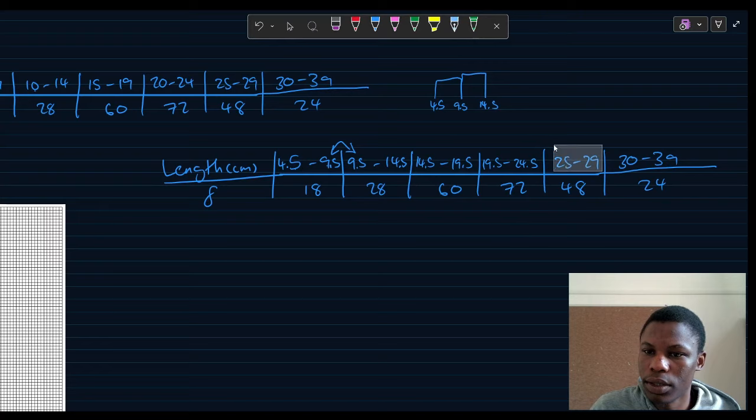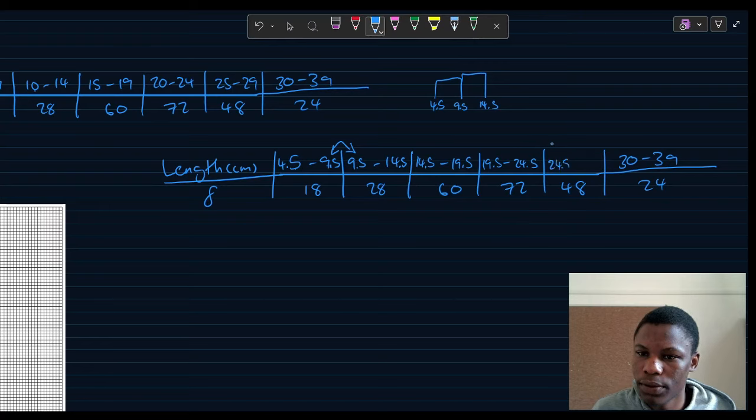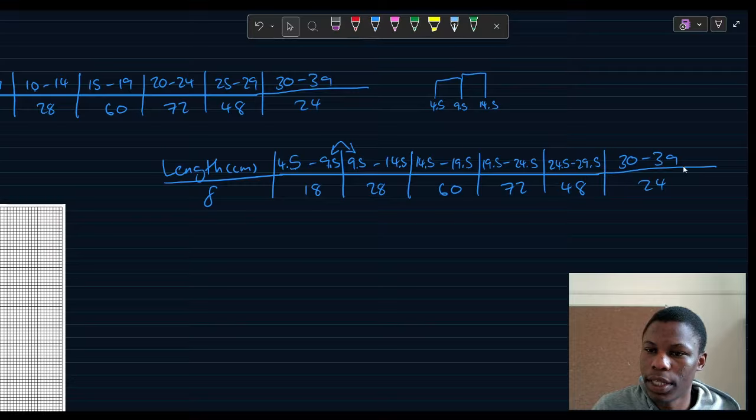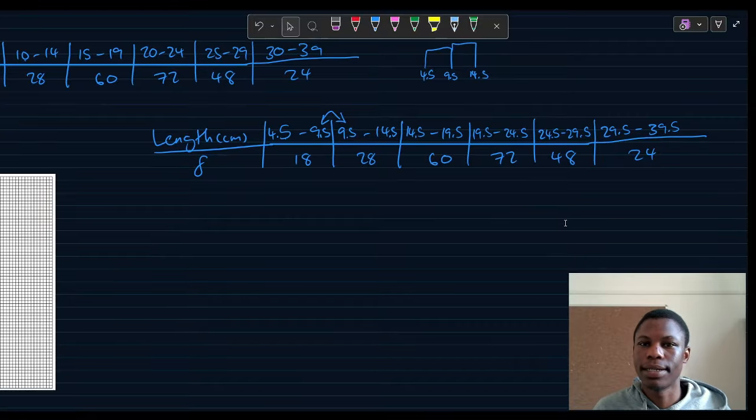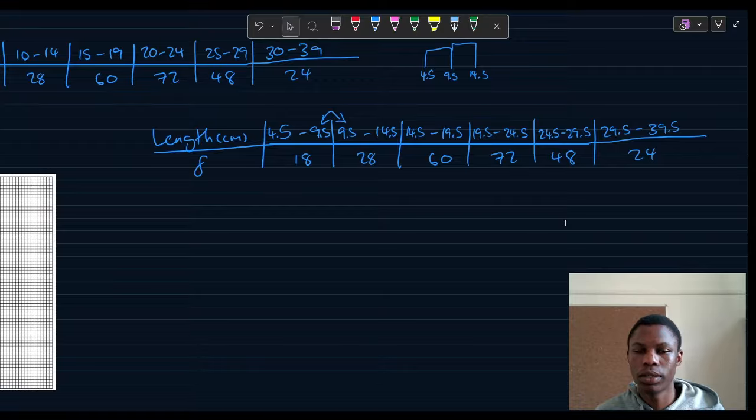Here we are going to subtract 0.5, 24.5, and then add 0.5, and the same thing for this last class. So 29.5 all the way up to 39.5. Okay. So these are now our adjusted classes with the gaps closed.